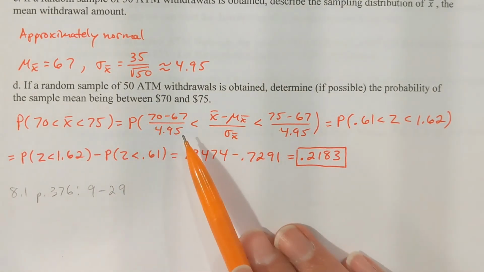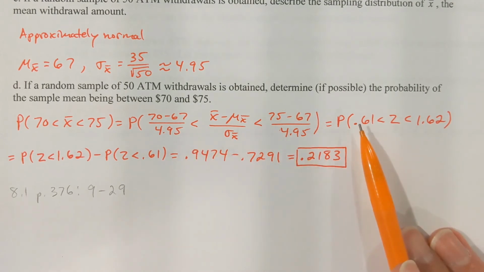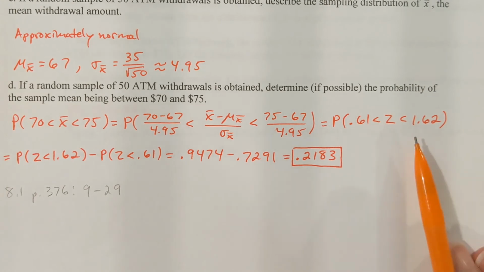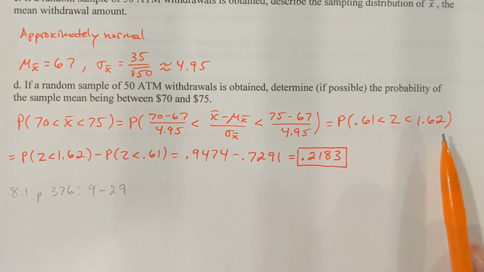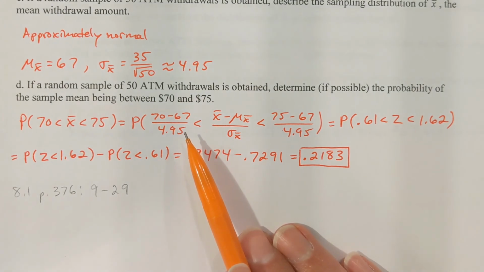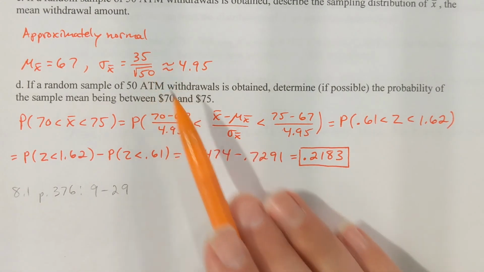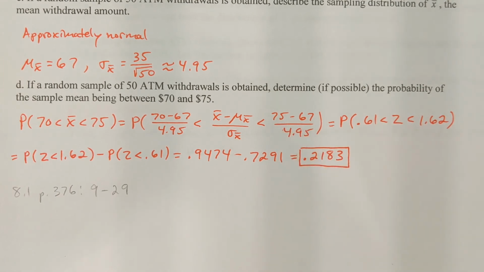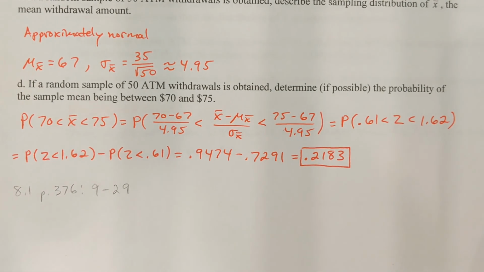The left z-score, I'm getting 0.61. The right z-score, I'm getting 1.62 if you go to the nearest two digits. Of course, make sure that you're using the standard error and not the standard deviation. The standard deviation for this problem was 35. I don't want to be using that in the denominator. Some students will do that. They'll mess this problem up and they won't be using the correct number in the denominator.